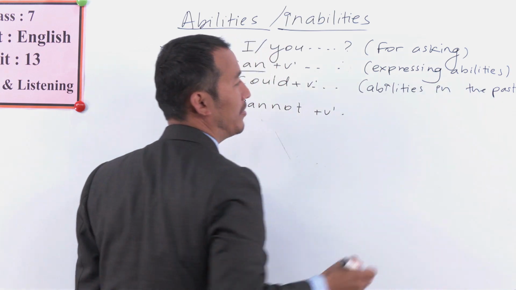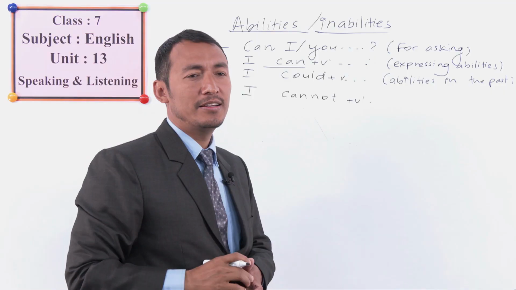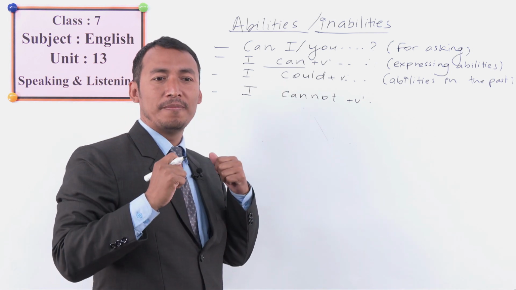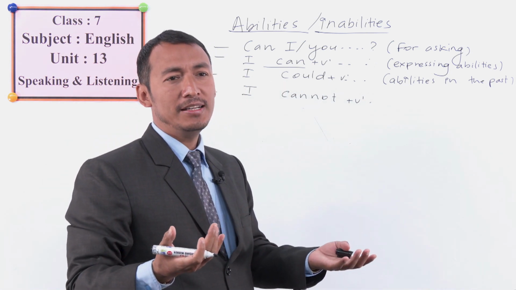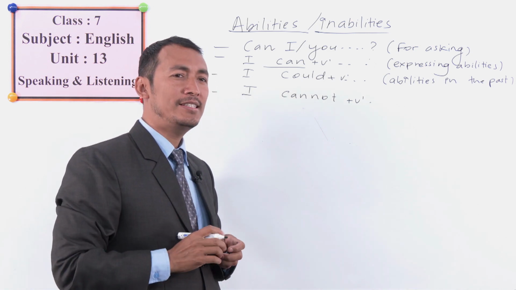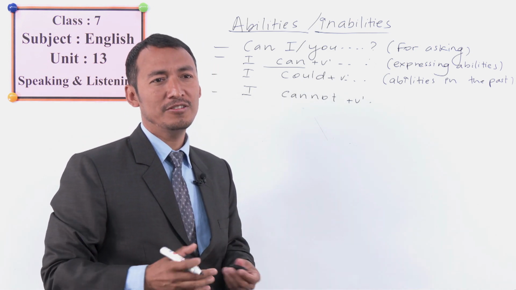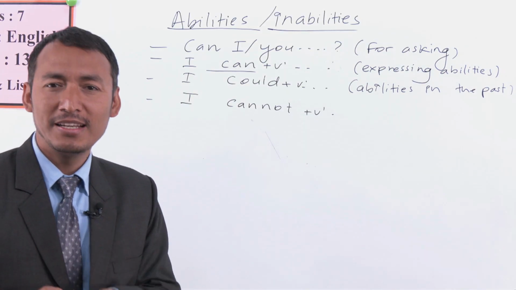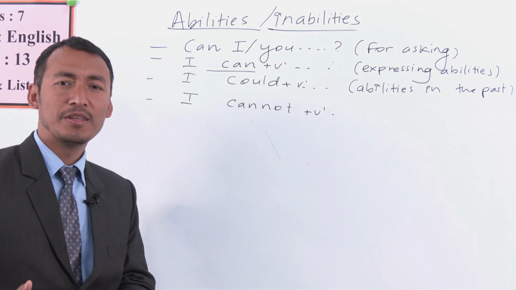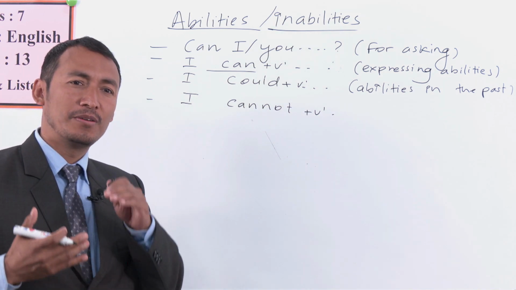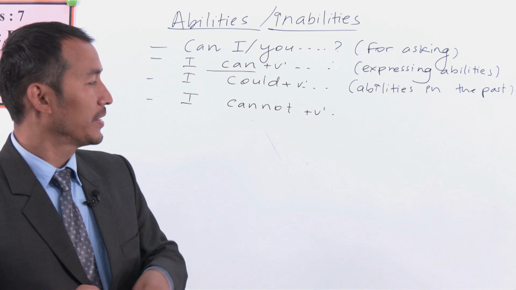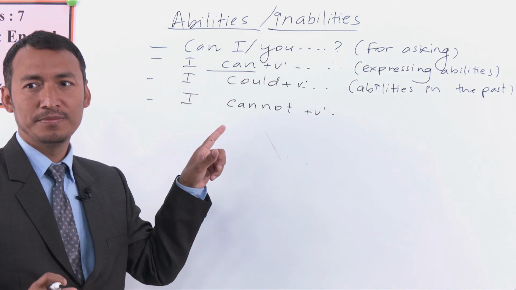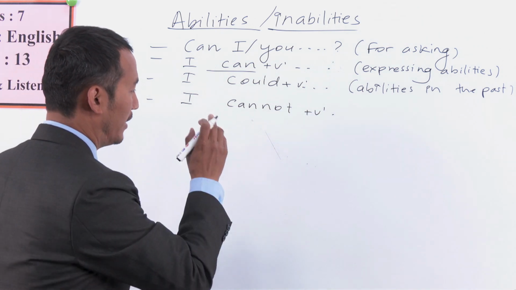When you talk about your ability in your past, what do you say? I could. I could dance very well. I could draw nicely. I could sing songs. When I was a child, I could sing nursery rhymes very well. Likewise, when in the past you were able to do something and you want to express it right now, you can say, I could do something at that time.